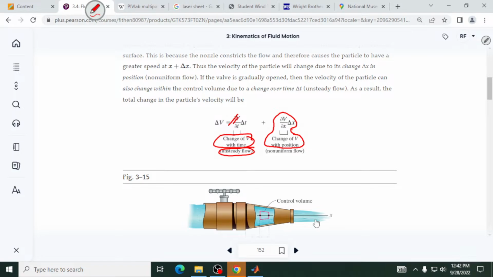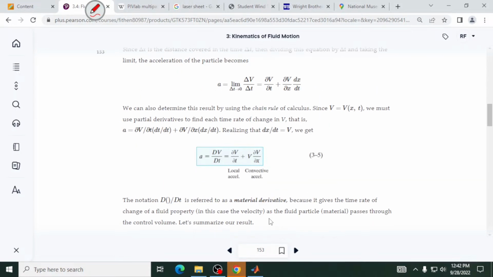If you had perfect steady flow, you would still have an acceleration if you were staring at it. And basically, he's kind of coming down and saying, I have a control volume that I'm staring at, this funny looking shape, and if you go in and look at it, you actually have two terms in the acceleration.